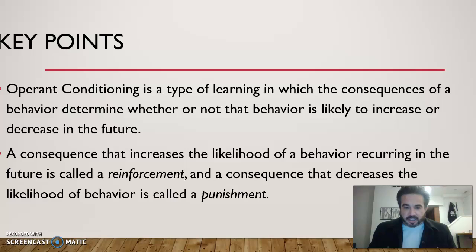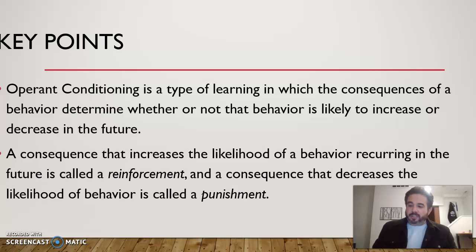In operant conditioning, any consequence that makes it more likely that you will act similarly in the future is called a reinforcement. And a consequence that decreases the likelihood of acting on that same behavior in the future is called a punishment.